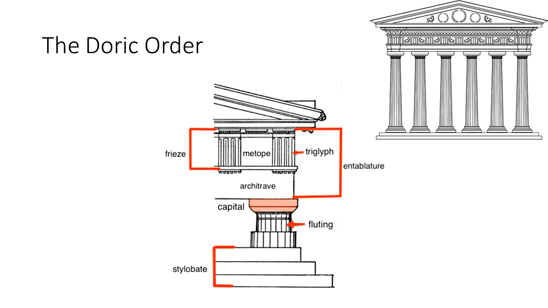The columns stand in front of the building, and sometimes there are columns that surround the whole structure. We call this style of building the Doric order, and it's named after the Doric capitals on top of the column. And it was this style that dominated all Greek sacred architecture for generations.